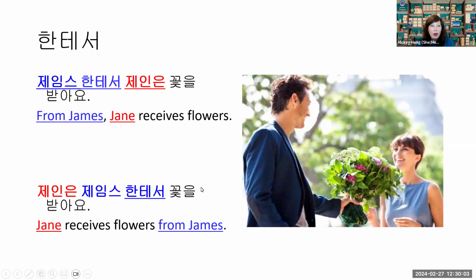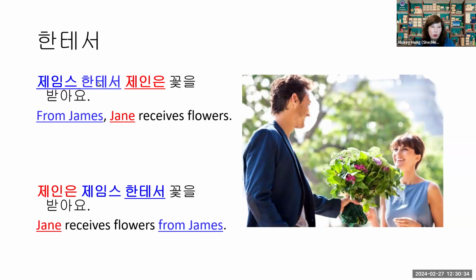Like a lot of particles, the particle is what determines the role of the noun in the sentence, not the order of the noun in the sentence for Korean. So you have a sentence, 제임스한테서 제인은 꽃을 받아요. Okay, so from James, Jane is receiving the flower. Somebody is receiving, so Jane is the subject topic.